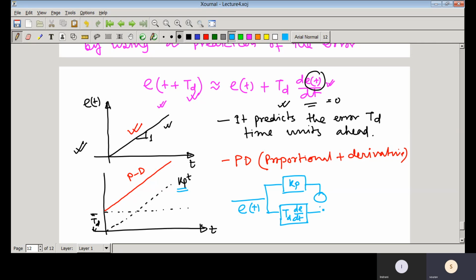So now if you add these two, that would be your u(t).